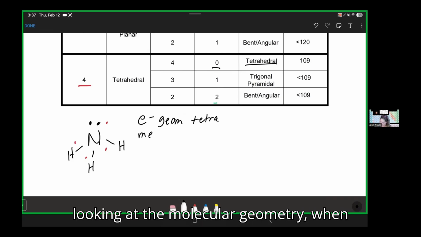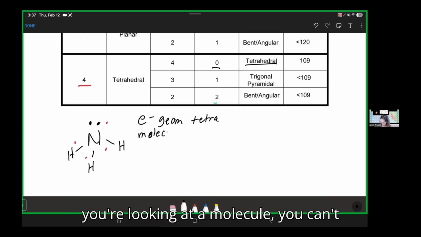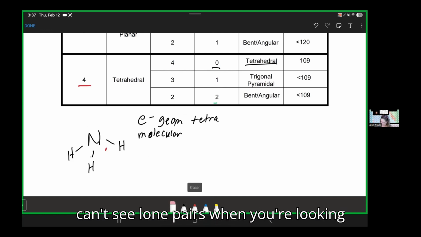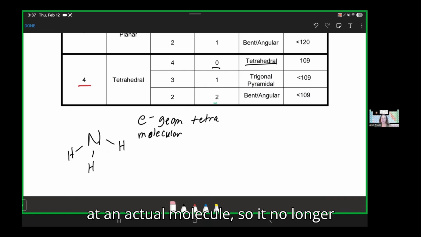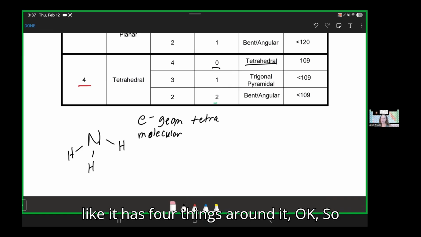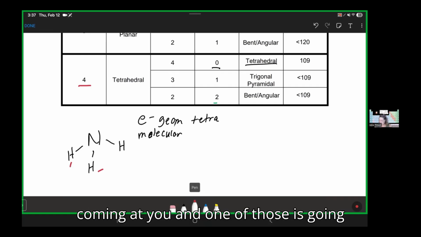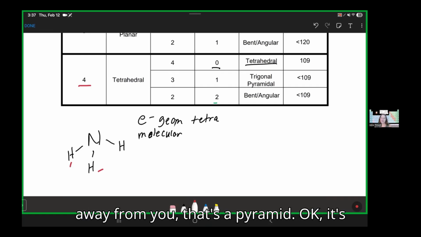But now if we're looking at the molecular geometry, when you're looking at a molecule, you can't see those lone pairs. You can't see lone pairs when you're looking at an actual molecule. So it no longer looks tetrahedral. It no longer looks like it has 4 things around it. If you can imagine that one of these is coming at you and one of those is going away from you, that's a pyramid.